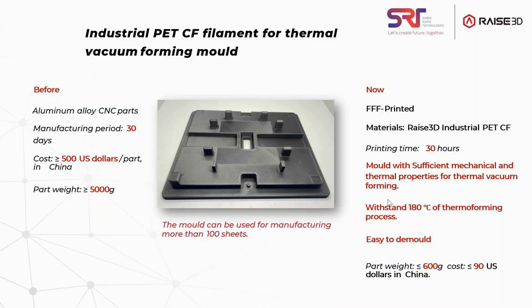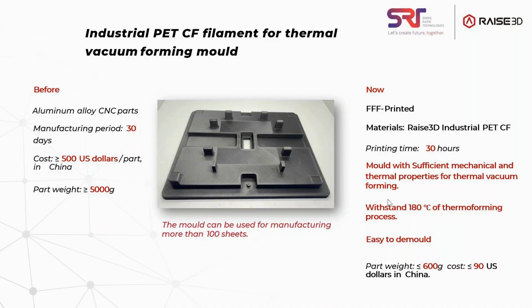What you can see here is that earlier, conventionally, these molds were made with aluminum by CNC machining, and the cost was around 500 US dollars. The weight was 5,000 grams, and the same mold can be 3D printed using a composite material. The lead time was 30 days conventionally.